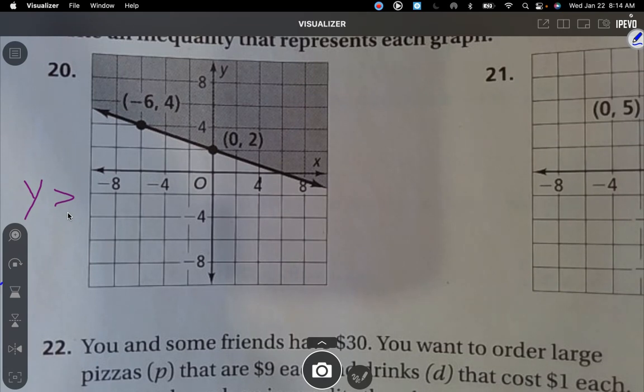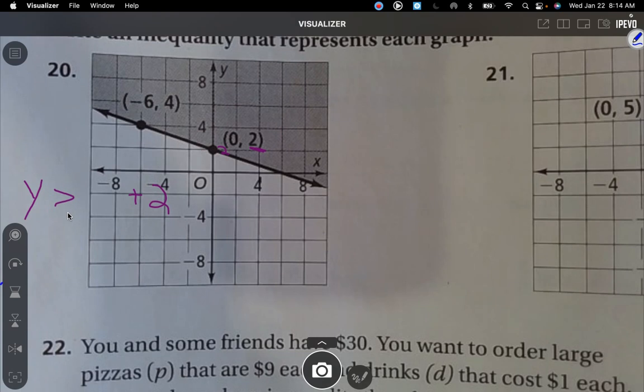Now let's figure that line out. Where's my starting point? It's not 1. What number are they at? This is kind of confusing. It's 2. Does everybody see that they're at 2? Because it goes 2, 4, 6, 8. They actually wrote it right here for you. So my last number is plus 2. Then how do you figure out where to go? What goes in front of your x? Your slope. How much did I go down?